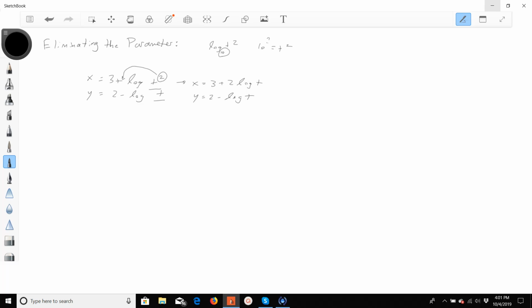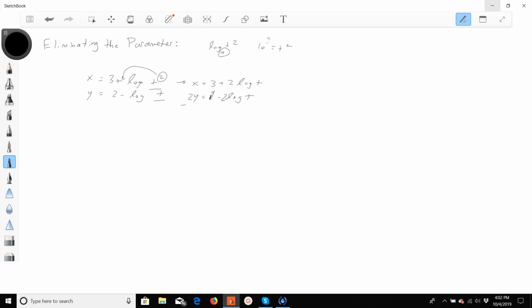Now basically this is just a linear equation, so to say. We're just going to combine our equations to eliminate t, to eliminate the parameter, and just substitute one equation into the other. So let me do this. I'm going to make this 2y is equal to 4 minus 2 log t.